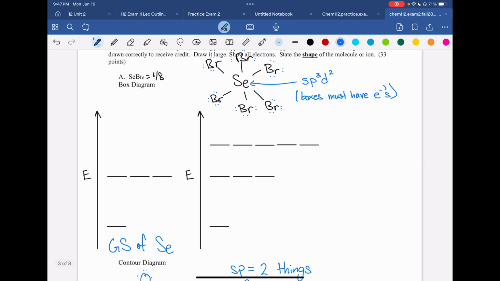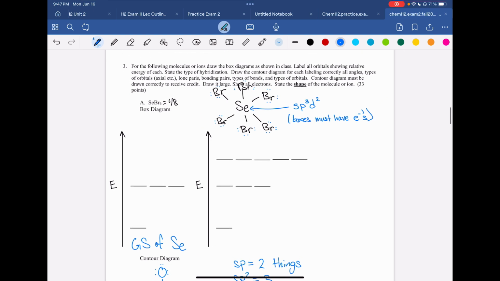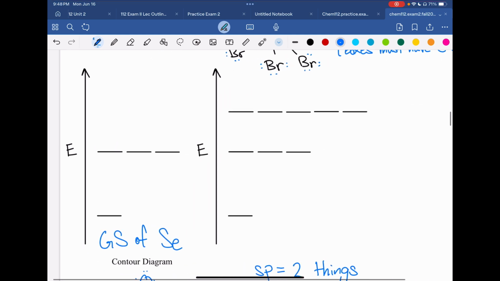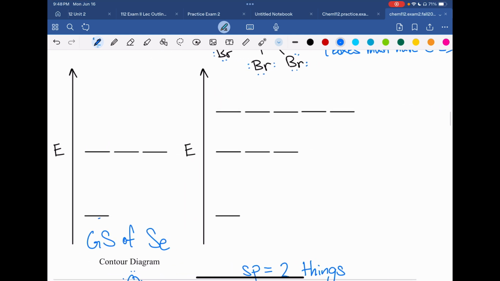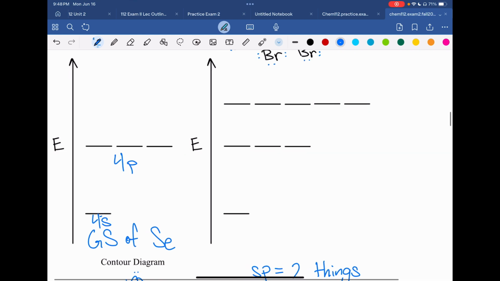Now, your box diagram is also strictly valence electrons, okay? So selenium is in period number 4. So it has a 4s, a 4p, okay? You could find selenium on the periodic table.